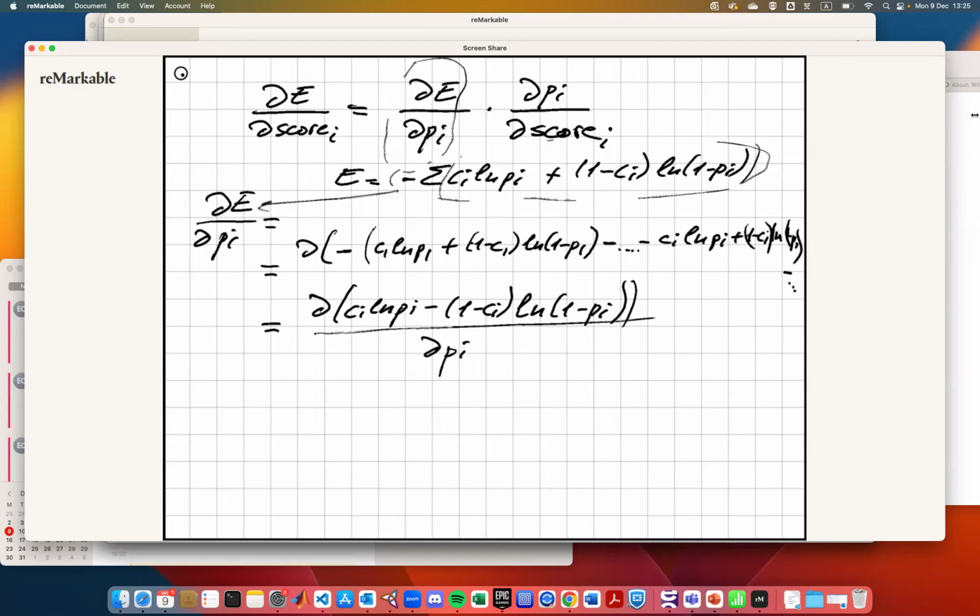So now we have these two terms. The first term is ci, which is a constant, times d ln pi by dpi.